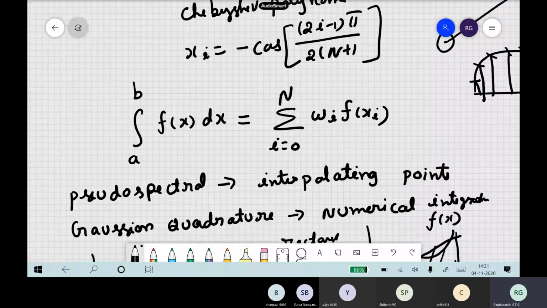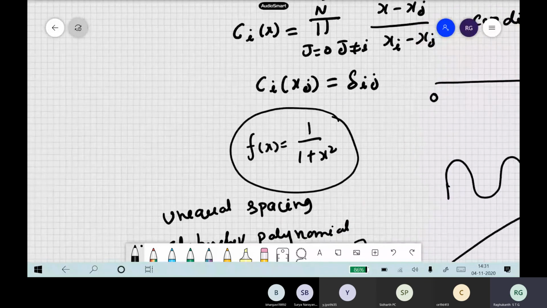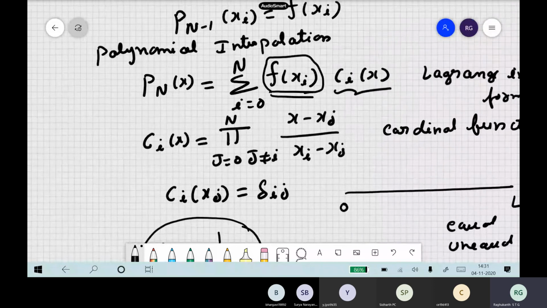The most important thing in pseudo spectral methods is how to choose the collocation points. So for our interpolation, how do I choose these points?